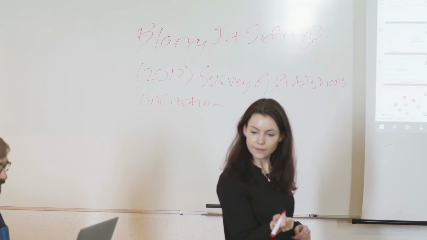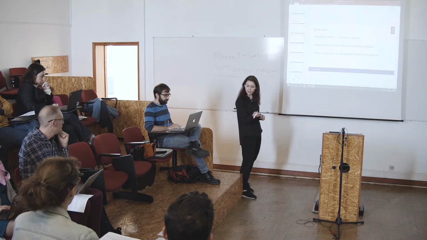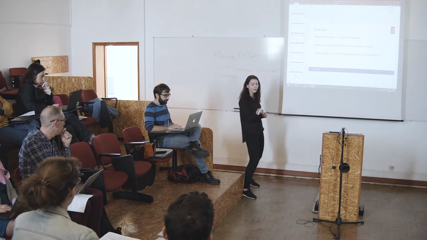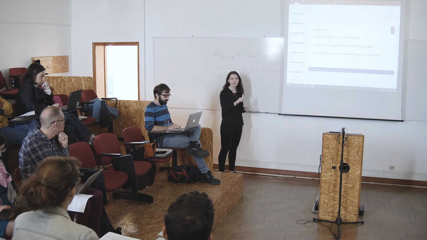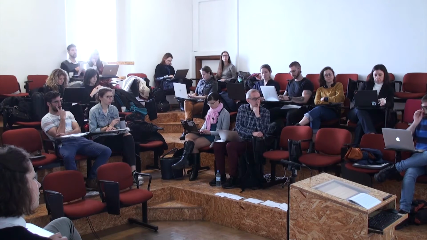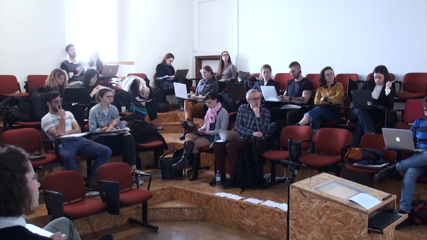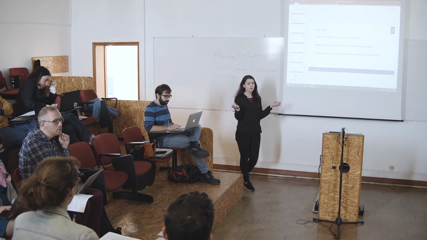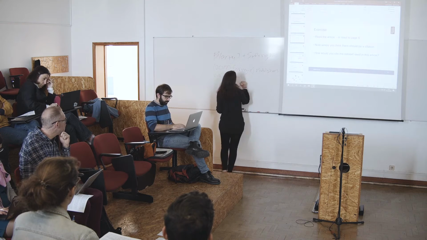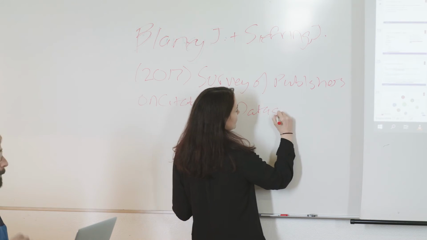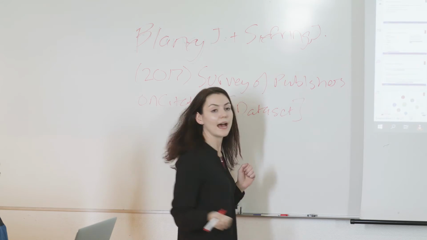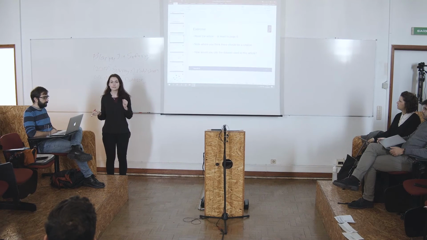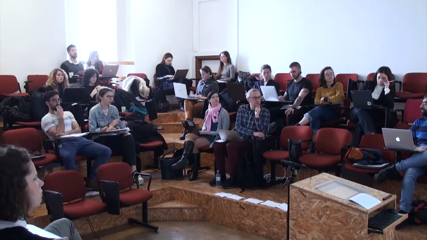And then what else do we need to put in? Any thoughts based on those examples that we worked with earlier? The type, so data set. Data set, yeah. And something else, maybe. The DOI.